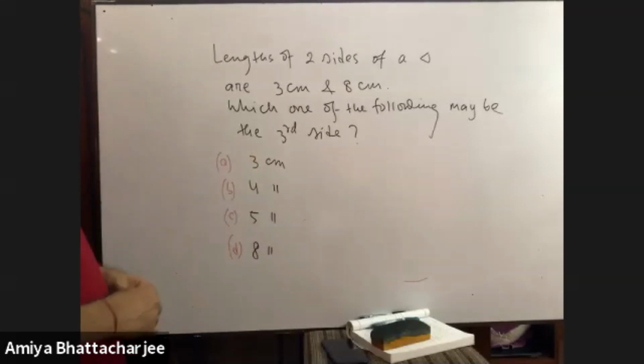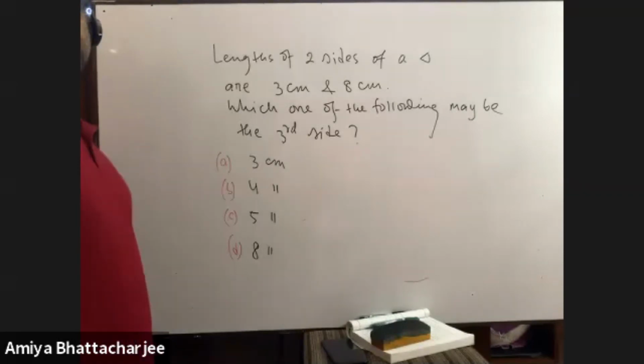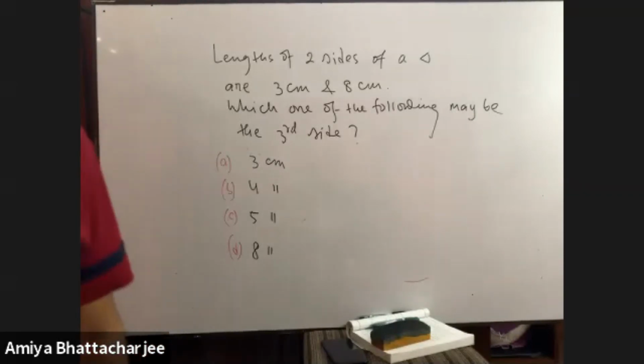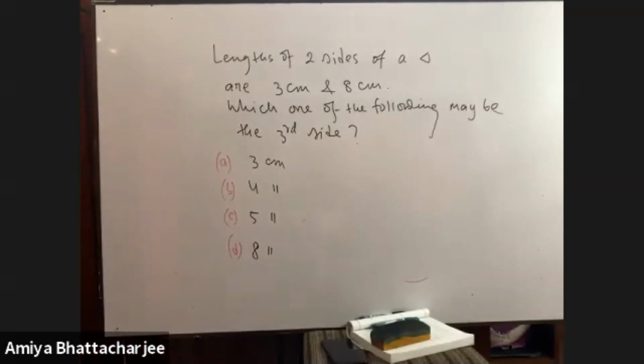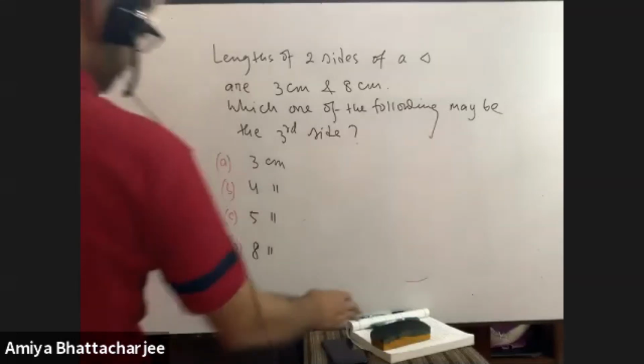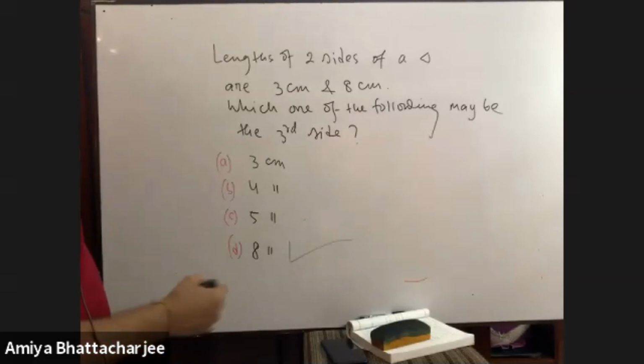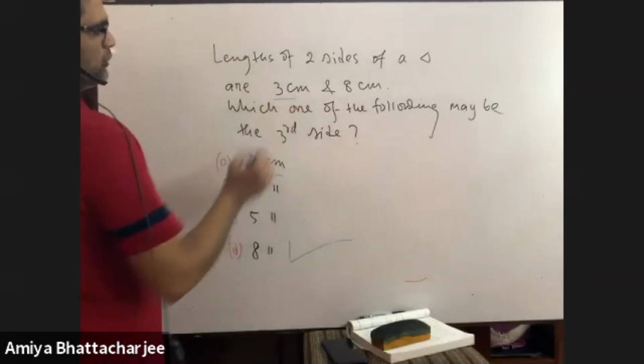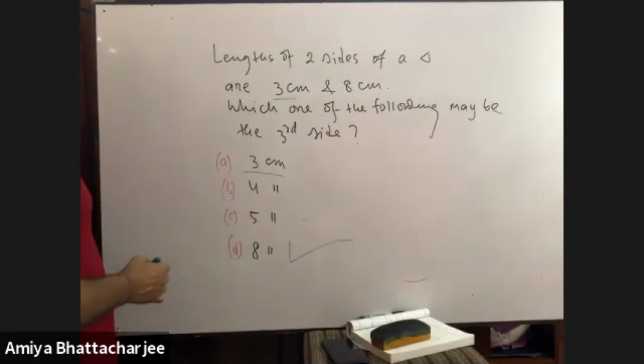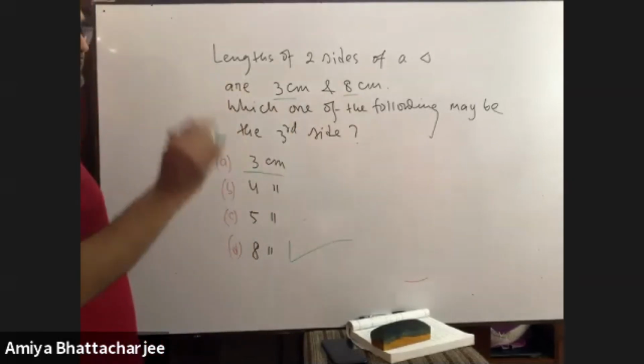Who is on? Else to answer? Because you see these 3 and 3 together make 6 centimeter, which is less than 8, but we need it to be greater than 8.